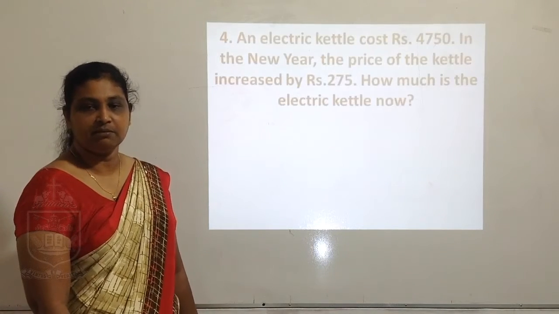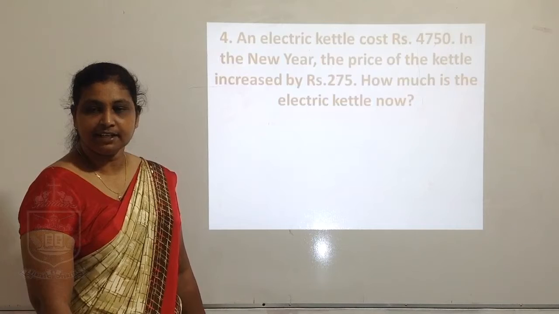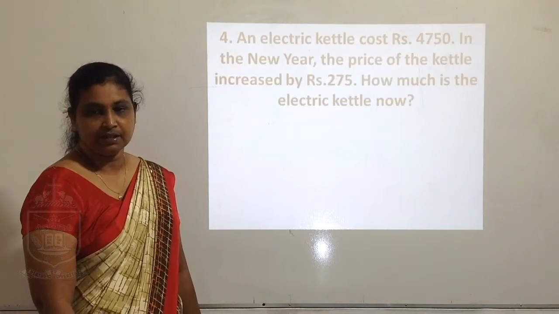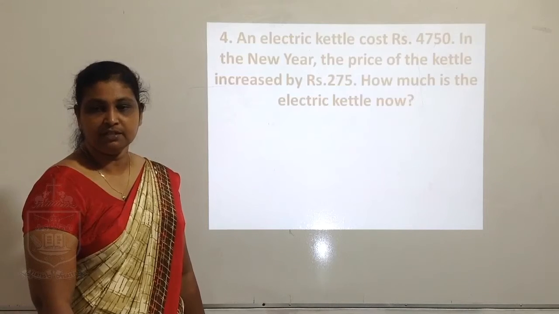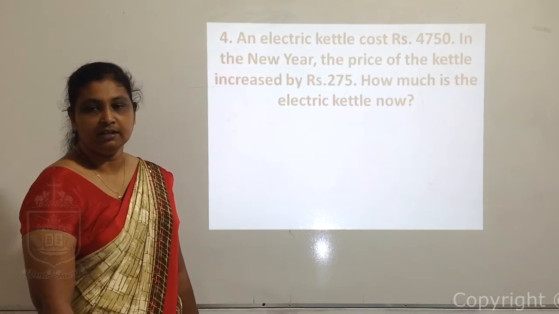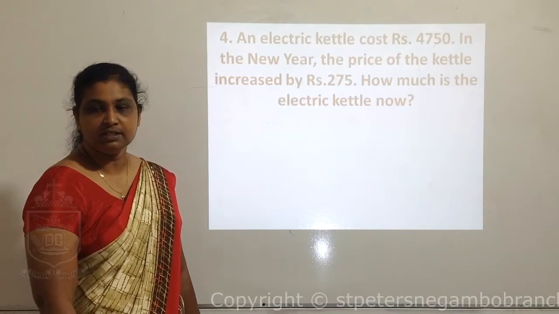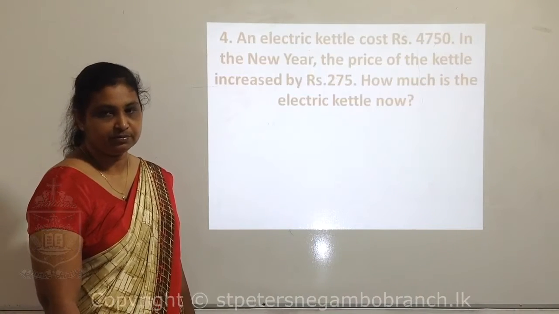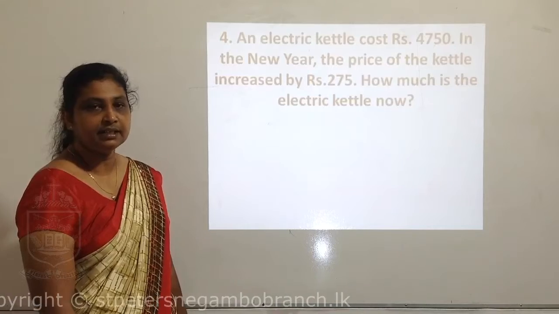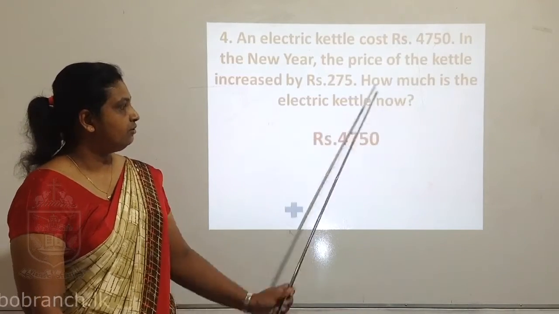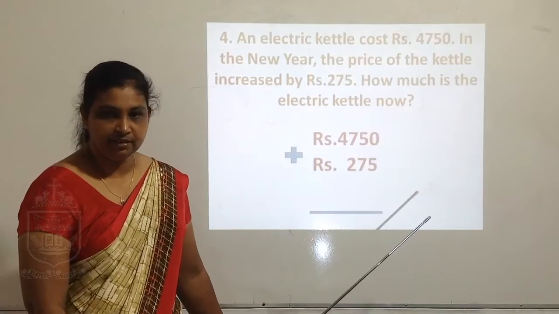Next question, question number 4. An electric kettle cost 4,750 rupees. In the new year, the price of the kettle increased by 275. Now, how much is the electric kettle now? So earlier the cost was 4,750.